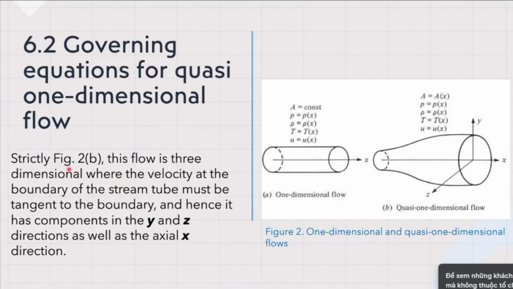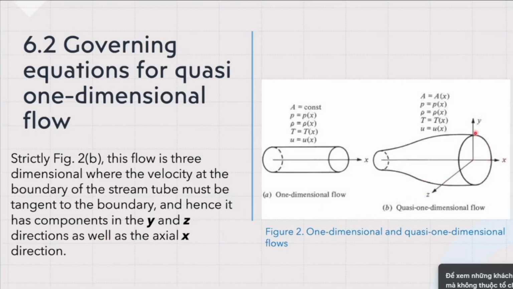Strictly, in figure 2b, this flow is actually three-dimensional, where the velocity at the boundary of the stream, a stream tube, as we call it, must be tangent to the boundary, and hence it has components in the y as well as the z direction, as well as, of course, the x direction itself.